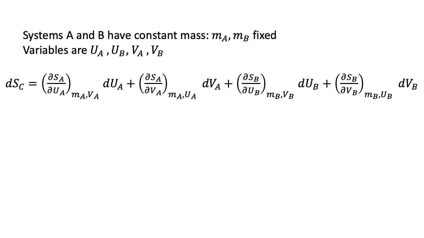We have a partial dSA by dUA times dUA, plus dSA by dVA times dVA, plus dSB by dUB times dUB, plus dSB by dVB times dVB.